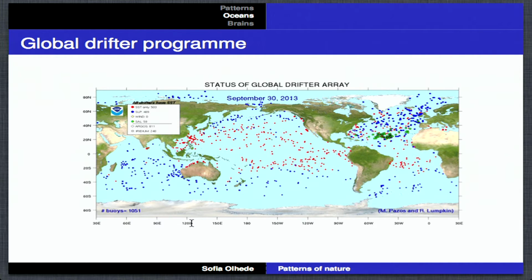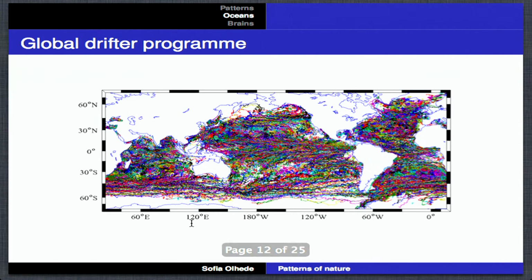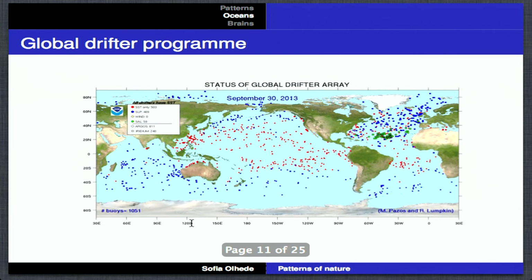Each of these objects is recording a location, and we're going to be using that to study the oceans. So if we go back one step, which I'm sure will make you slightly dizzy, here we have a location for each recording device at any one time point.